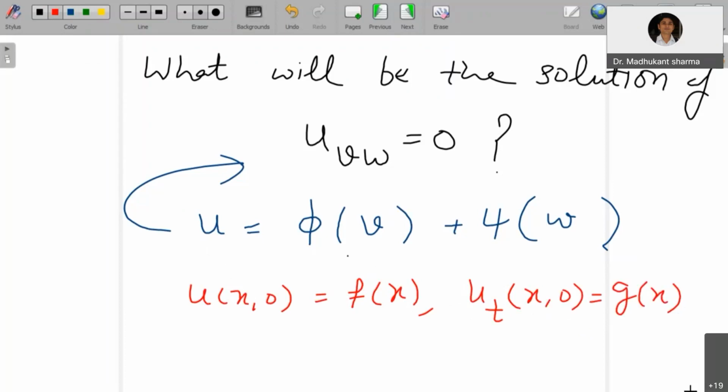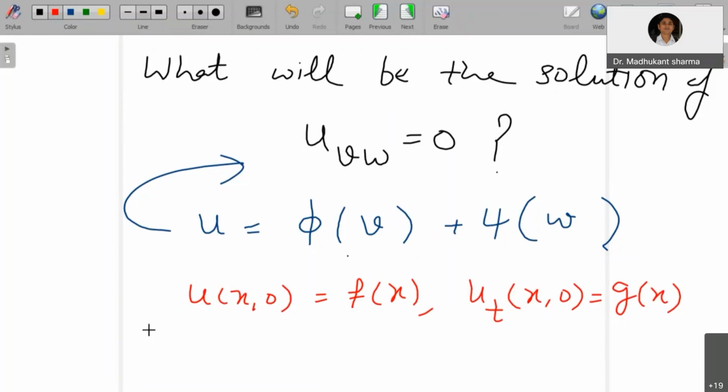Of course, we are talking about a finite length string, not an infinite length string. V and W you know very well: V is x minus ct and W is x plus ct, so they are purely functions of x and t.